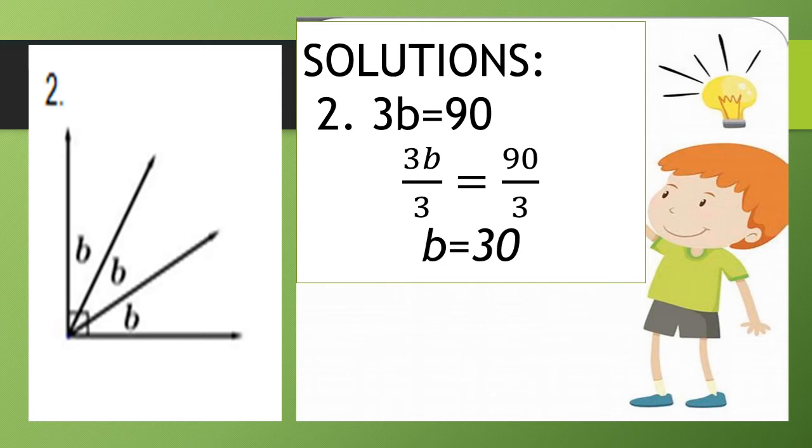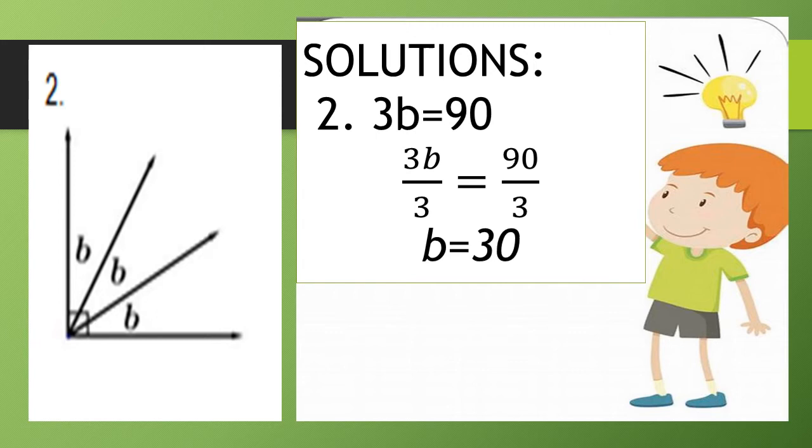Here's the solution. There are 3 b's. If we add b plus b plus b, we have 3b is equal to 90 degrees, because it forms a 90 degrees. Now we apply the division property of equality. 3b divided by 3 is equal to 90 divided by 3.